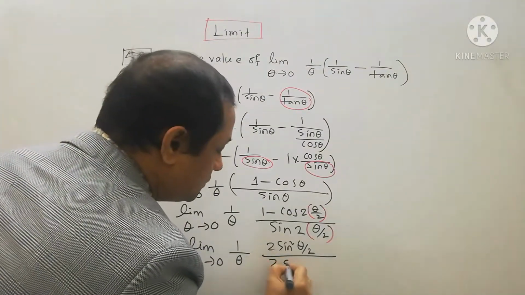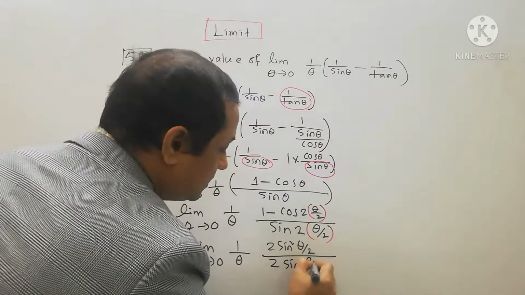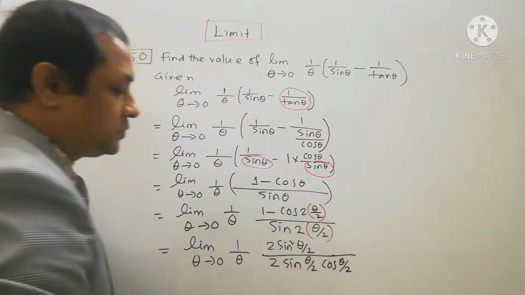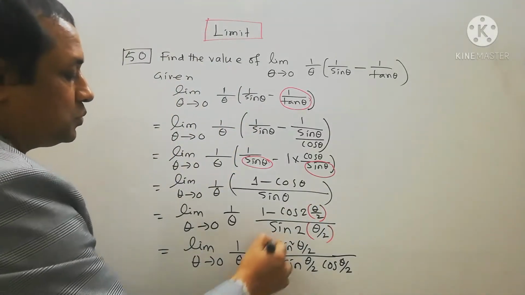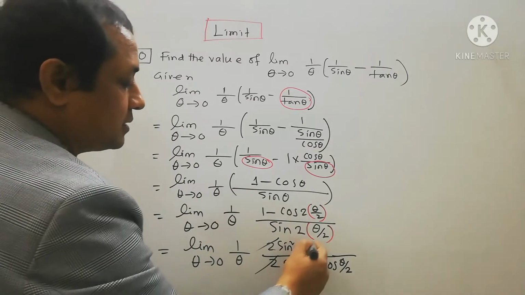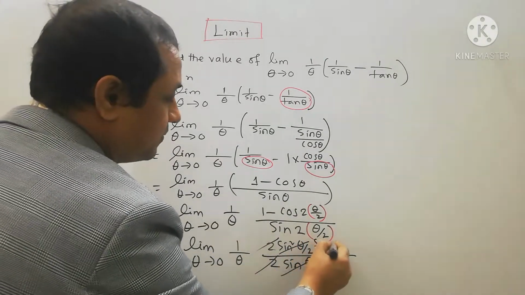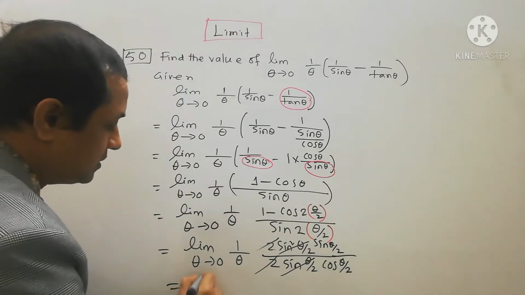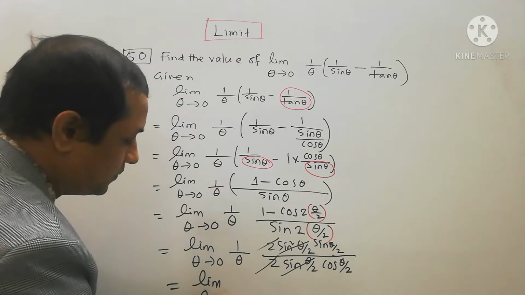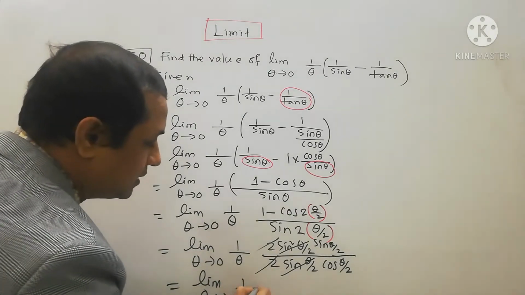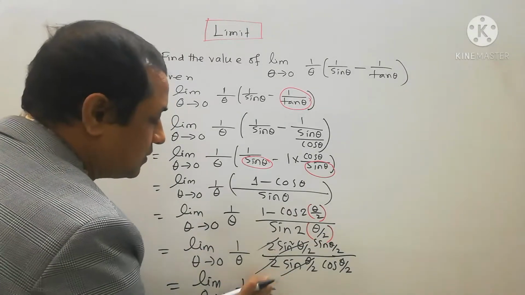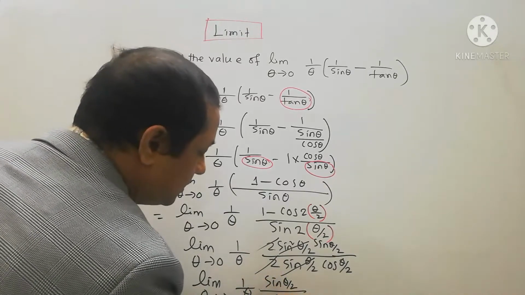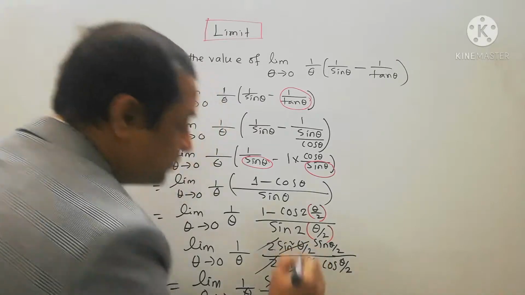So 2 sine a means theta by 2 into cos a means theta by 2. And now here 2 cancel and one sine theta by 2 cancels. Then we get limit theta tends to 0, 1 by theta into sine theta by 2 by cos theta by 2.